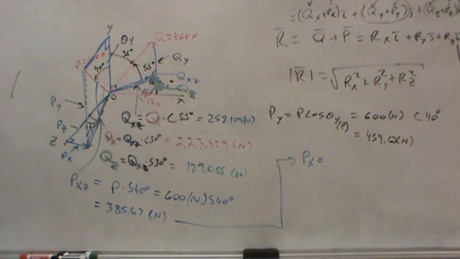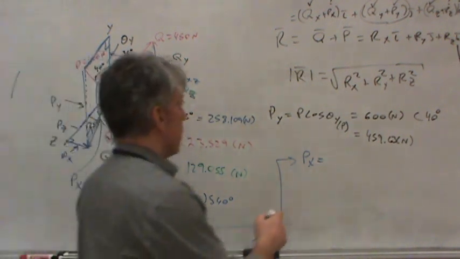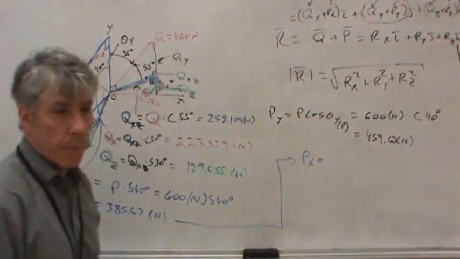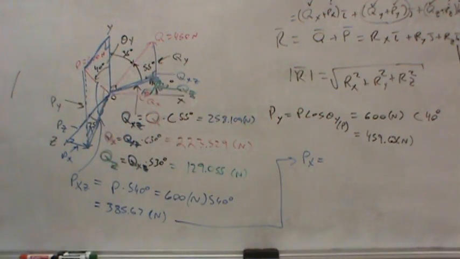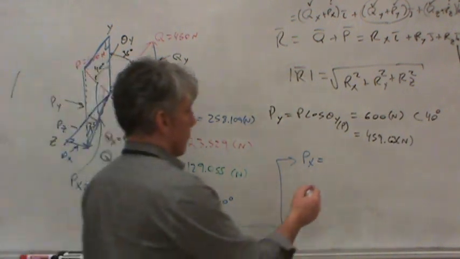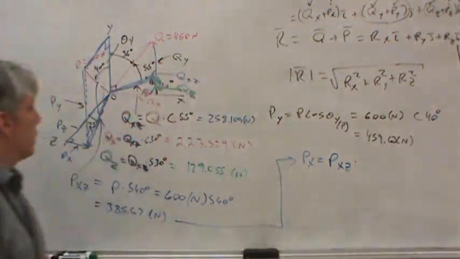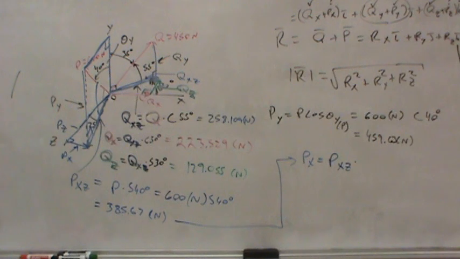Okay, so help me calculate. You tell me what to write in order to get PX. Don't tell me numbers. Tell me symbols. PXZ times, which one are we trying to get, PZ or PX? PX. Then we're going to need sine of 25?